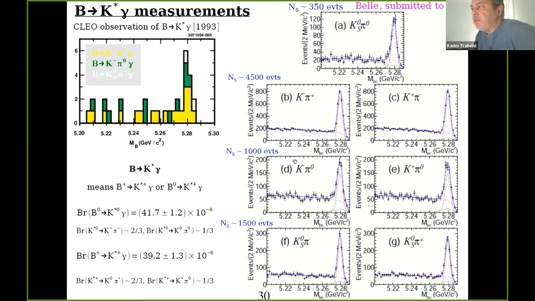And then with the statistics, as I said, you obtain a very precise measurement. We were talking about basically 20% precision for the branching ratio for the CLEO measurement, and then you reach the order of a couple percent.